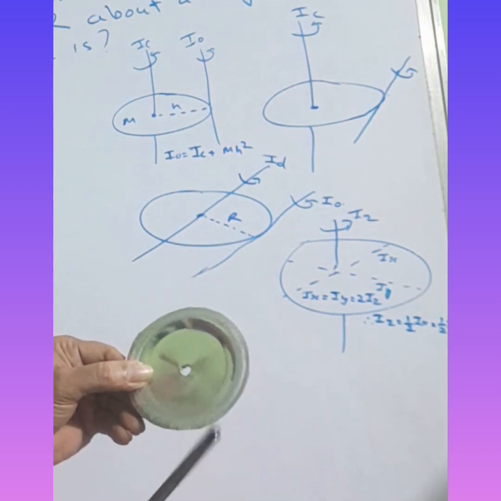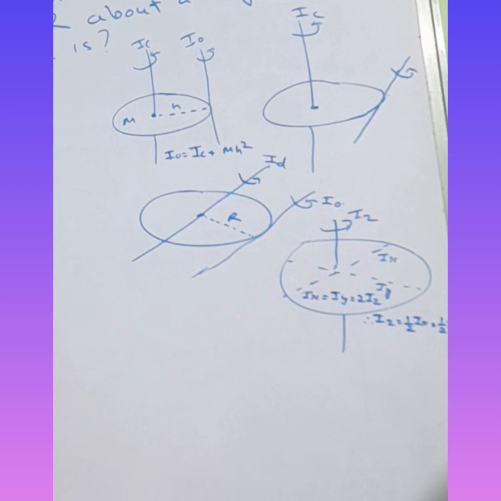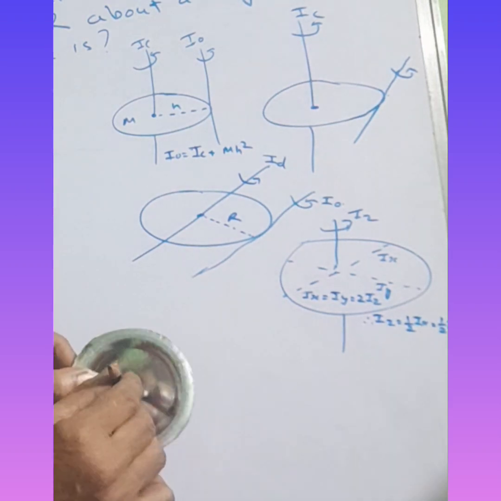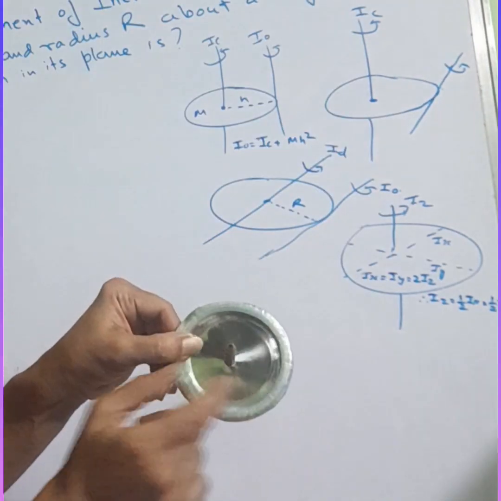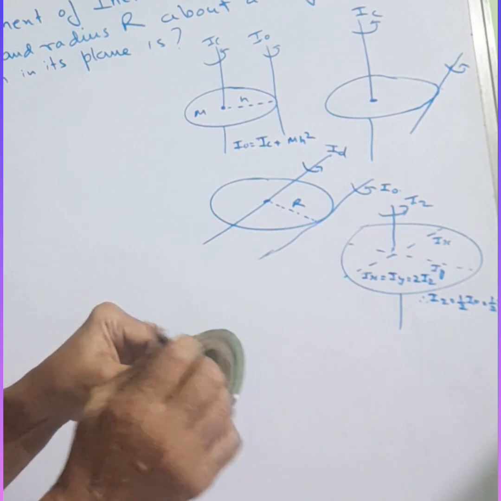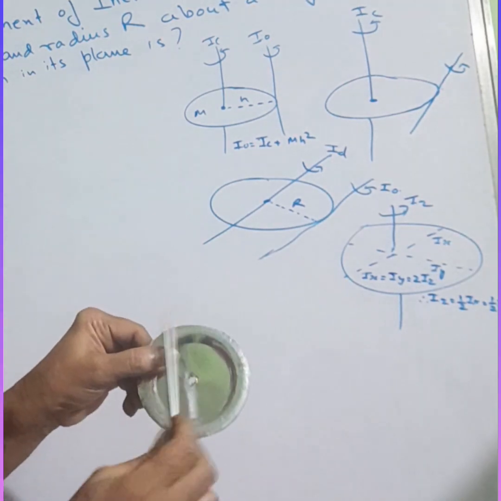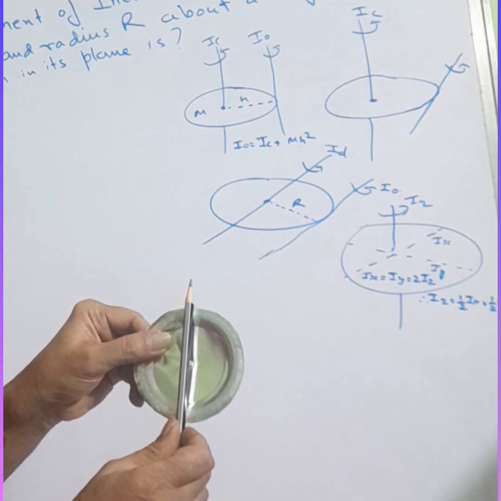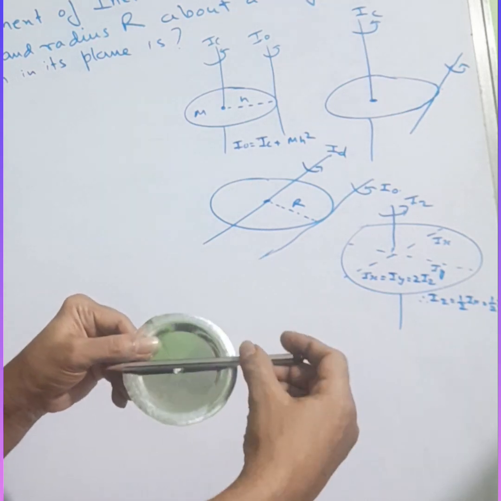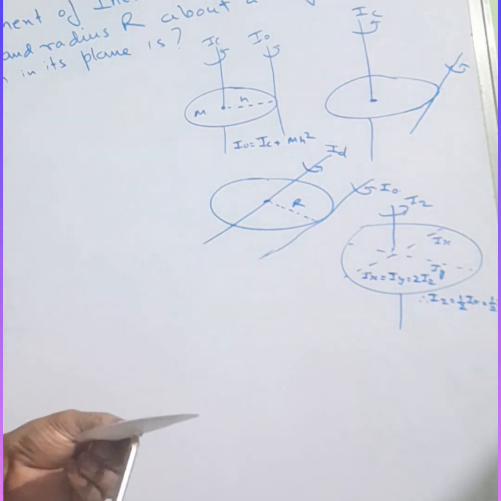If this was IZ, then this is IX and this is IY. I hope you understood, right?